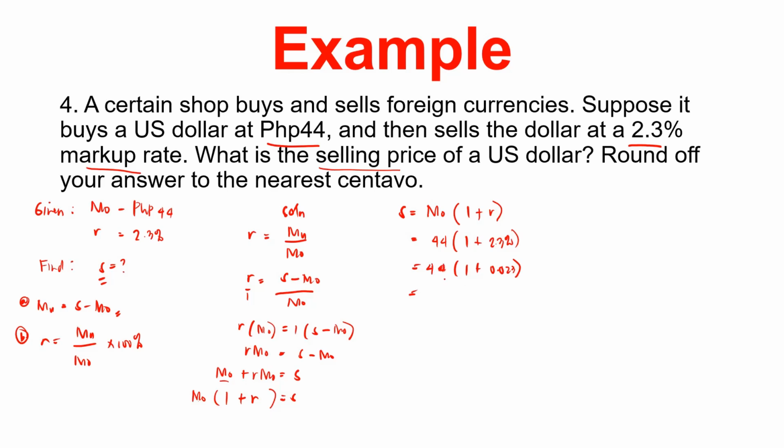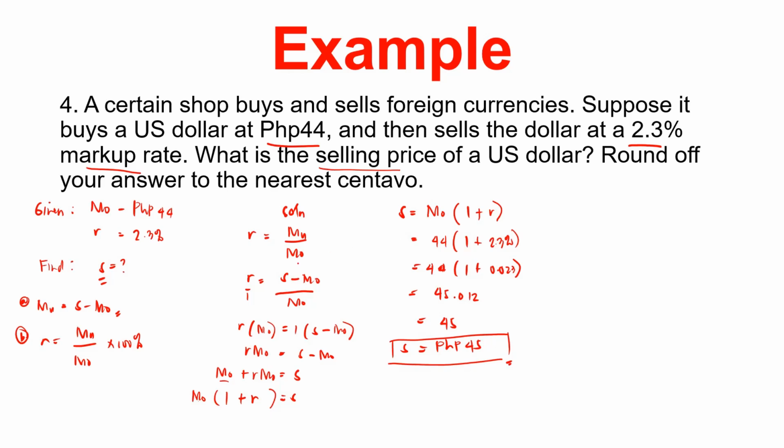Then you add them together, then multiply to 44, you will get 45.012. Since the condition in the problem is round off your answer to the nearest centavo, so we have 45 pesos for the selling price. So binibenta niya yung US dollar sa presyong 45 pesos.